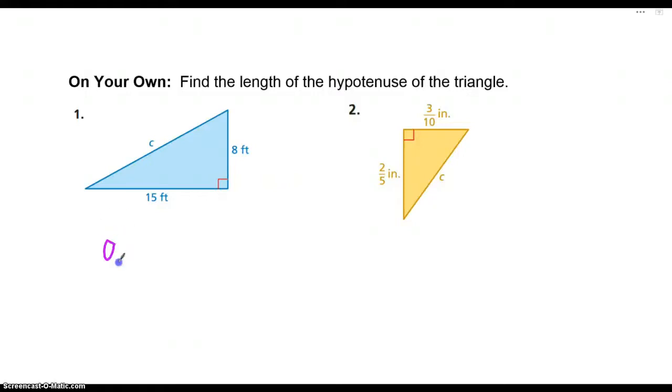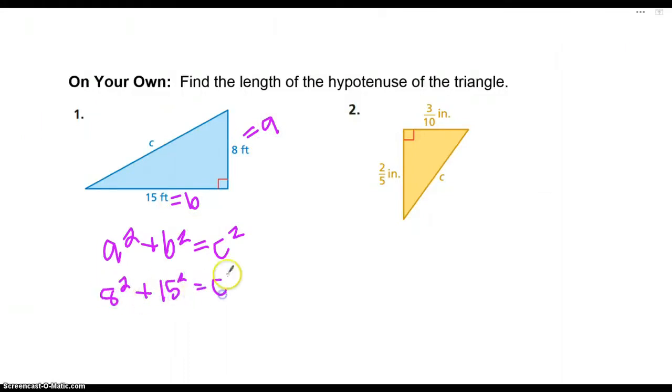All right, number 1 is A squared plus B squared is equal to C squared. Okay, 8 feet is going to be A. This is B, and C is just C. Okay, so we have 8 squared plus 15 squared is equal to C squared. 8 squared is 64. 15 squared is 225, I believe.